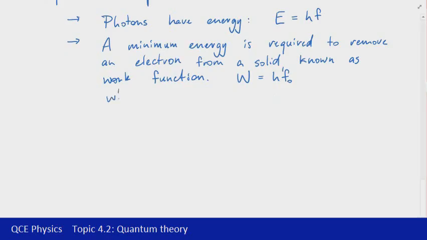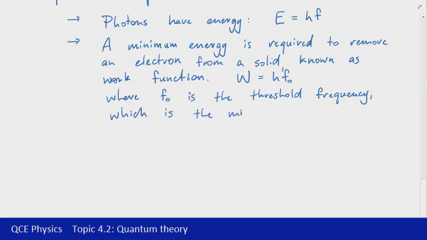That value of f naught, as we mentioned earlier, is the threshold frequency, and again a definition for that from the glossary is that it is the minimum frequency of a photon that can displace an electron. There are two definitions that are important in explaining the photoelectric effect.